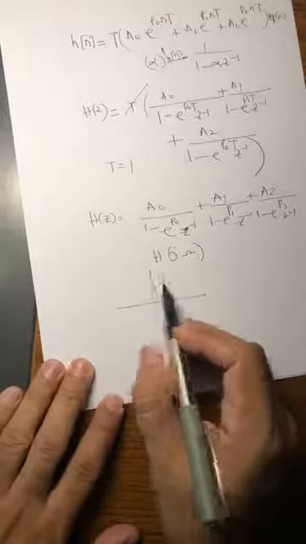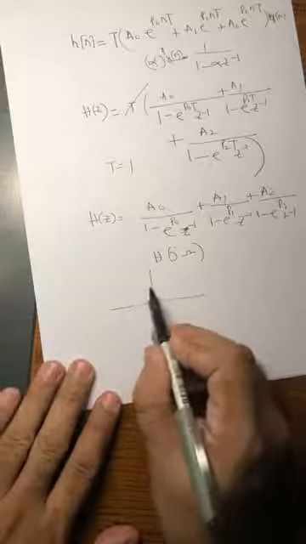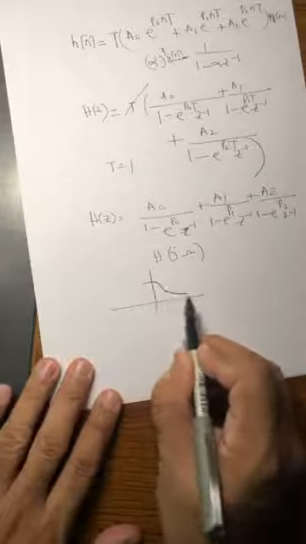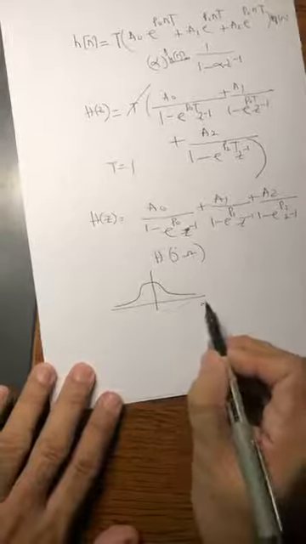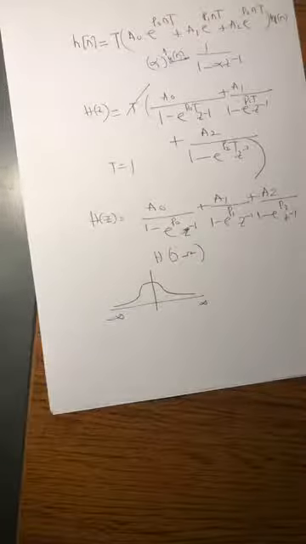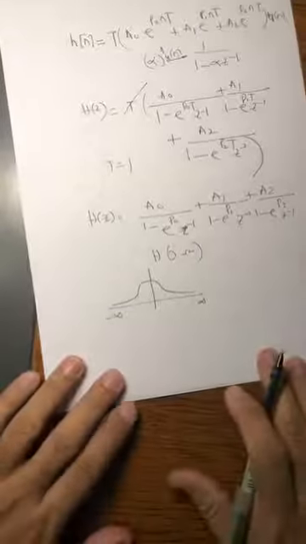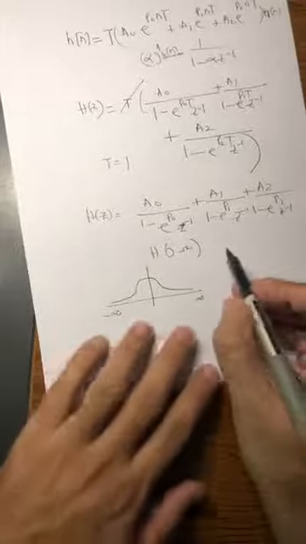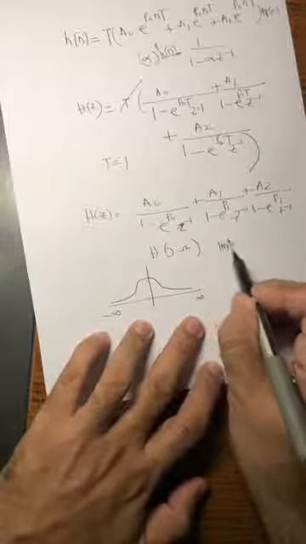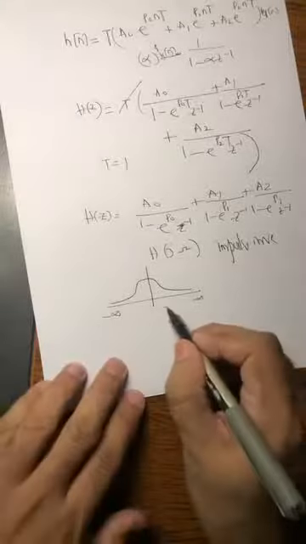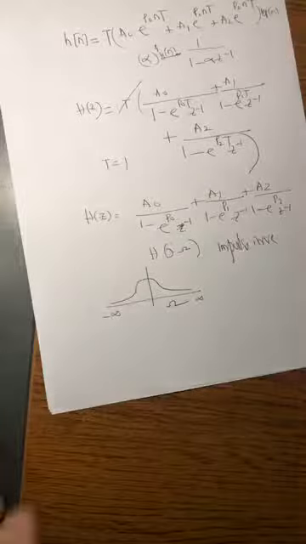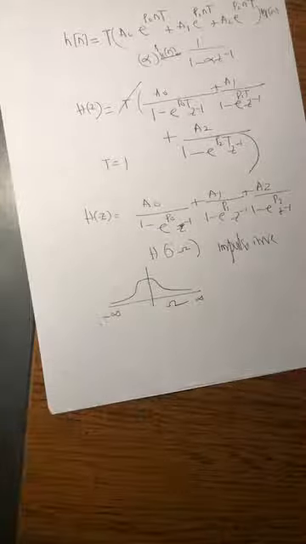Let's say you have something like this, and this frequency goes from minus infinity to infinity. This is a limitation of the impulse invariance technique: you design a filter in the capital omega domain, where the frequency runs from minus infinity to infinity.